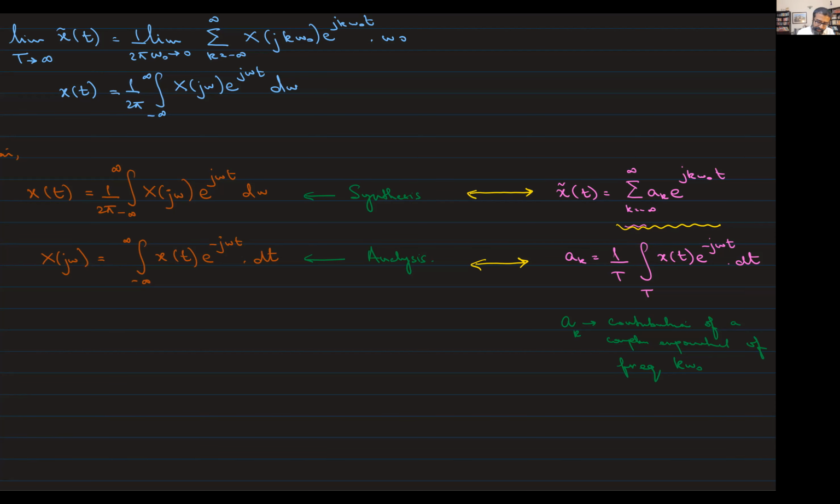So here I can say 1 upon 2 pi times x of j omega times d omega, right? That represents the contribution of a complex exponential of frequency what?